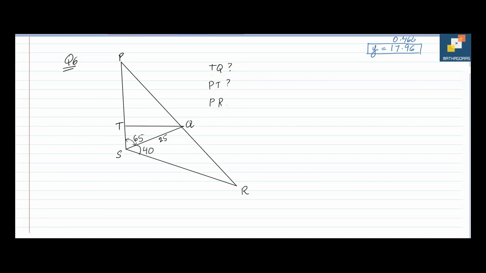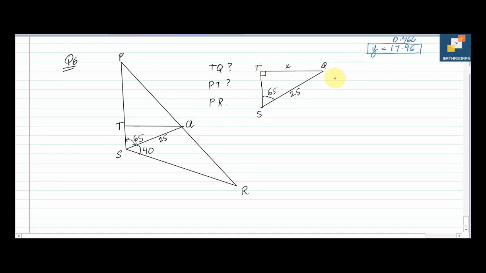So for TQ, if I make the triangle TQS, so that is a triangle TQ and S. So this angle is 65, this angle is 90, the value of QS is 25, and we need to find the value of TQ, right?